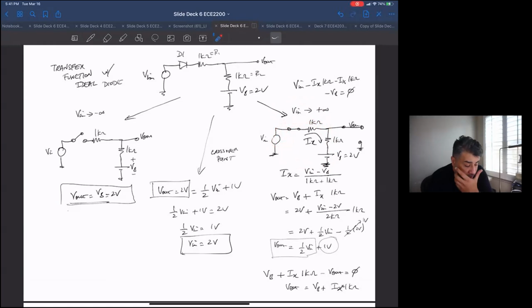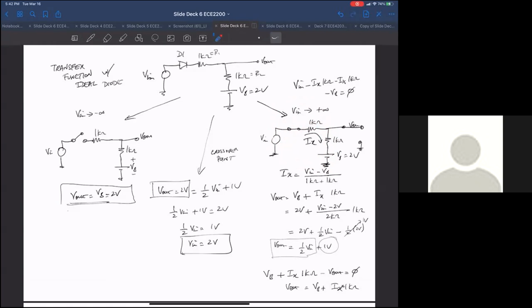Got it. It's only true if there is no current flowing. But because you have a voltage here that could be different than the voltage here, as soon as those two voltages are different, you'll have a current flowing through the resistors. Got it, that makes sense.